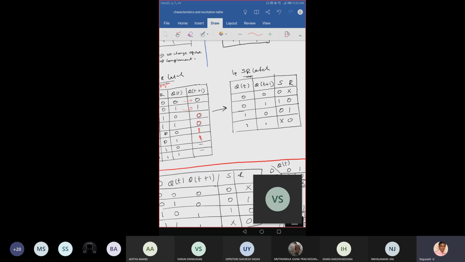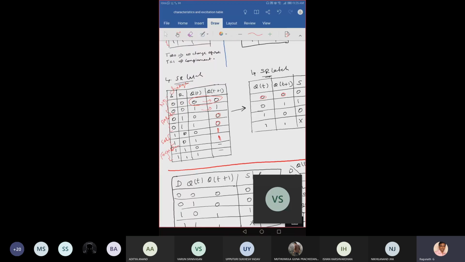So 0, 0. In how many cases am I having 0, 0? This is the first case, and this is the second case. For the first case, S and R both are 0. The second case is 0, 1.